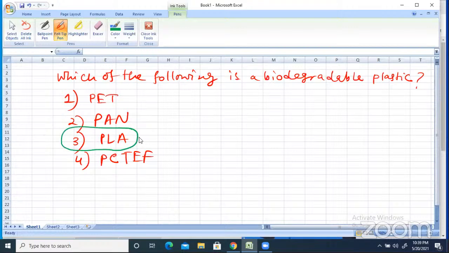The last option is polycyclotetrafluoroethylene. The second one is polyacrylonitrile. And PET is what all water bottles are made of, polyethylene terephthalate.